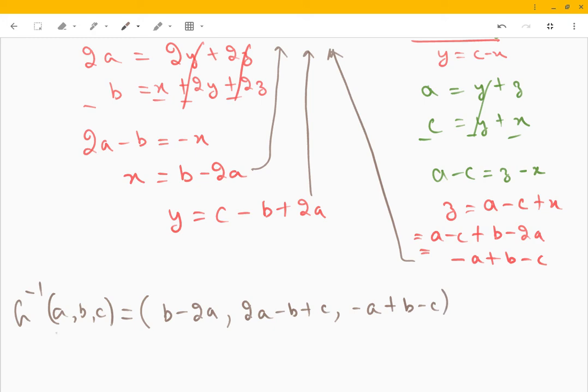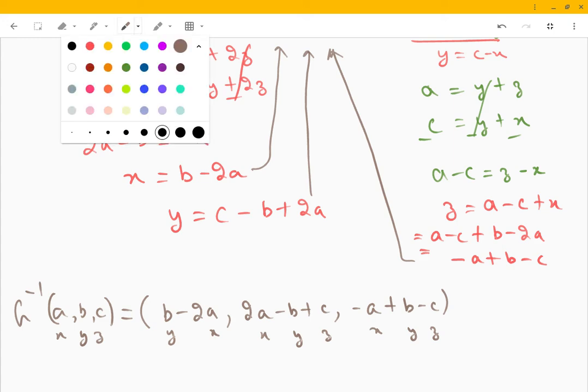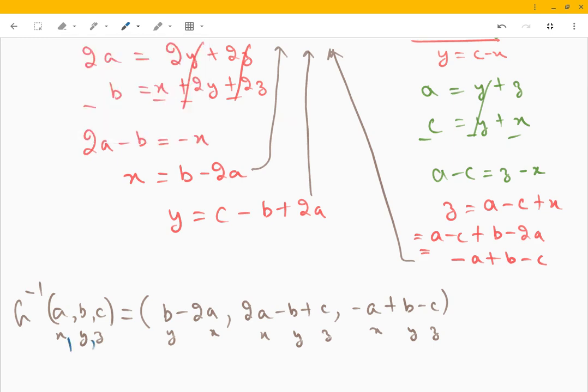You can replace the variables, it doesn't make any difference. They are just variables. Let me just do it then.